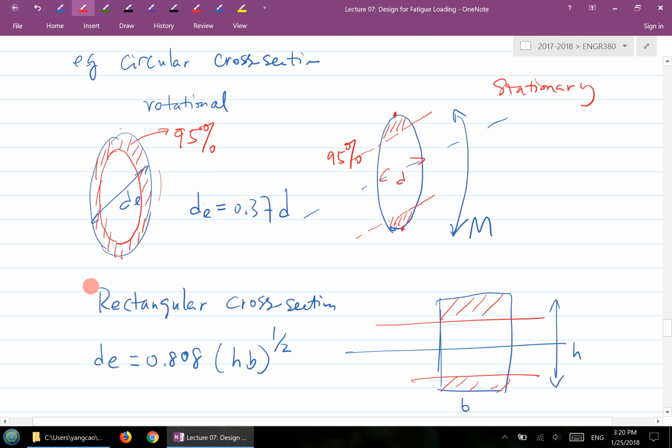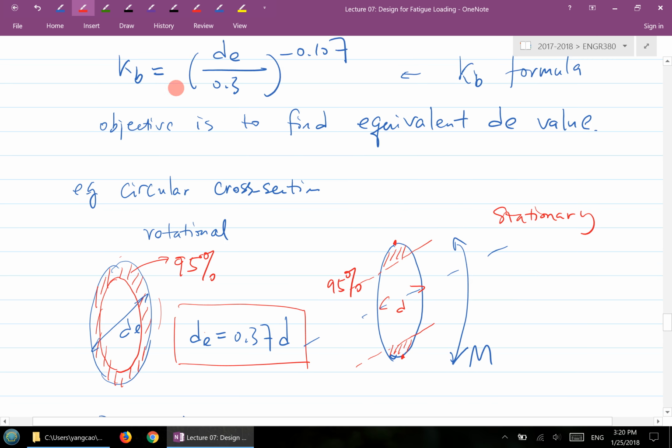Most of the time, we're going to use this one here. D is the actual diameter of the shaft. You multiply by 0.7, and that's what you use for the formula KB.